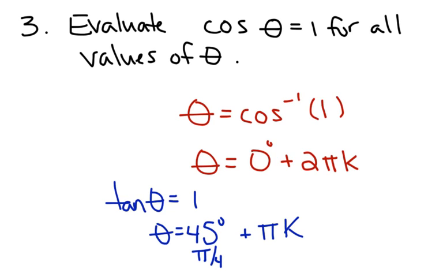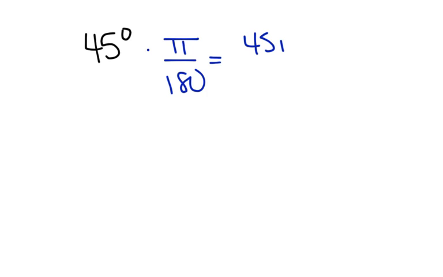And just a reminder, because the final will go back and forth between using degrees and radians, remember that if you want to change degrees into radians, you multiply by pi over 180, and then you reduce this fraction.